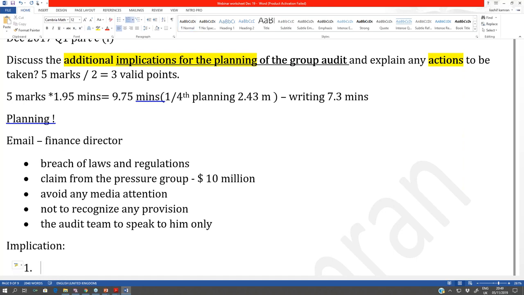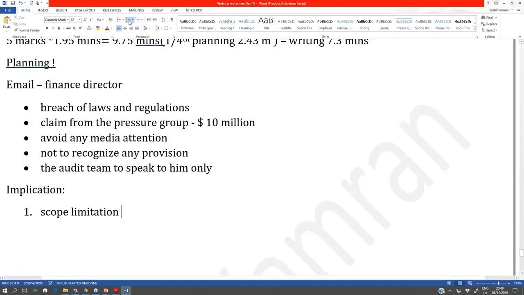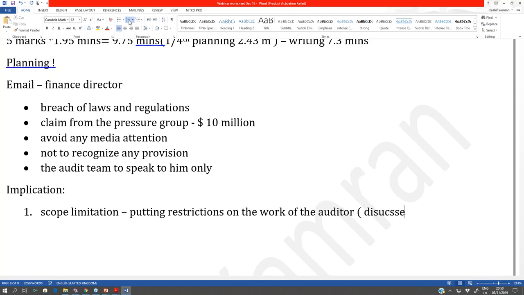the scope limitation. Putting restrictions on the work of the auditor, and this needs to be discussed with TCWG, because the finance director is trying to limit my scope.